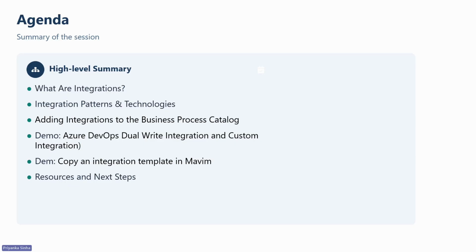Not a deep dive on choosing the right pattern, but specifically how different patterns affect the way you document your work items. The core of today's session is really about documenting integration details, what makes a good integration work item, what should the title say, what fields do you need to fill out. We will cover the rules, do's, don'ts, and give you a clear framework.